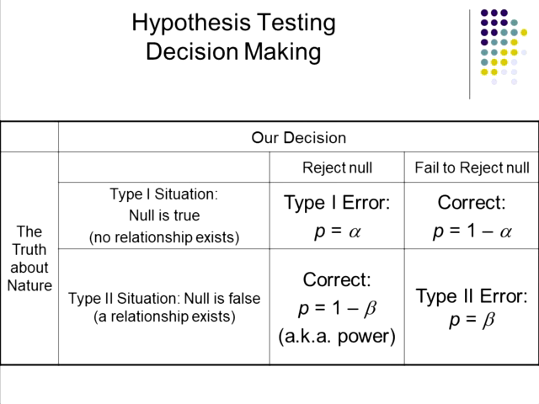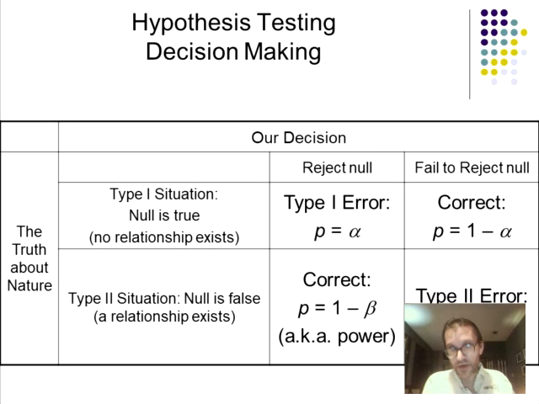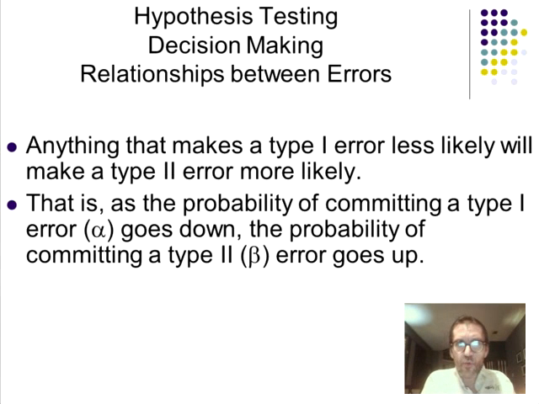Okay, so these are the real world costs of type 1 and type 2 errors. When you're designing your research, you have the ability to control how many type 1 and type 2 errors you're going to have. Okay? You have some control.